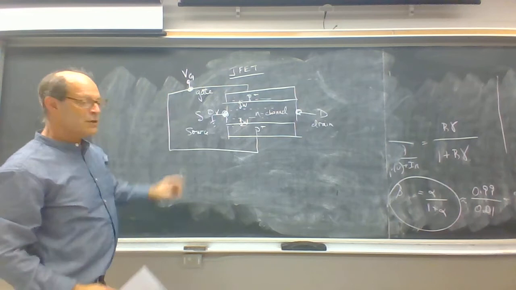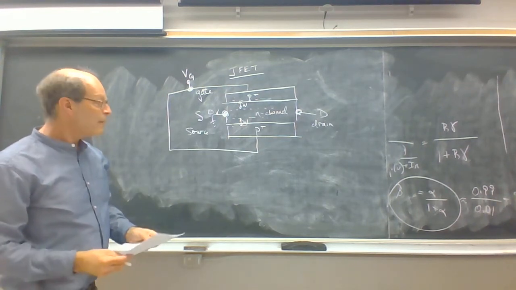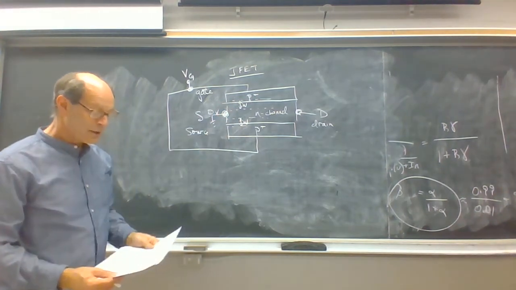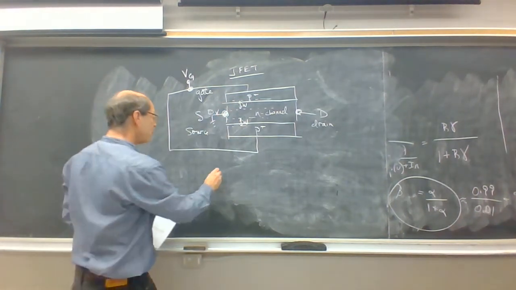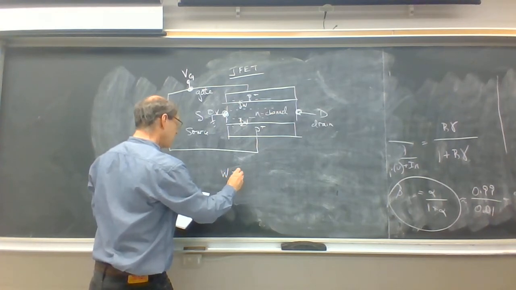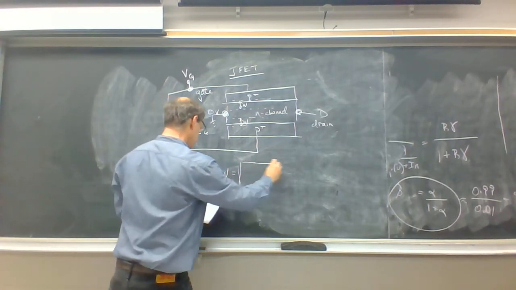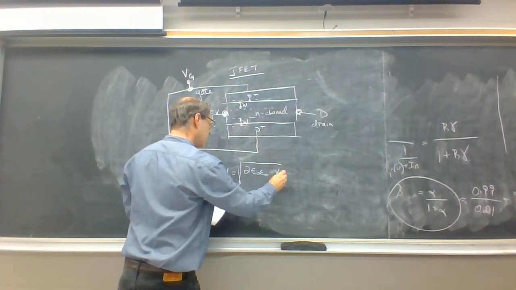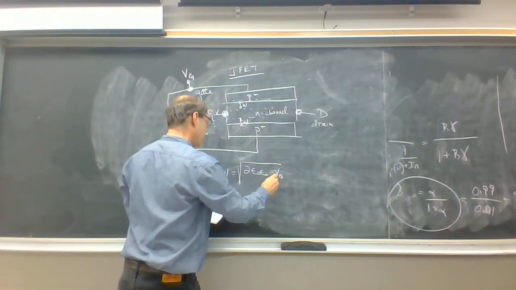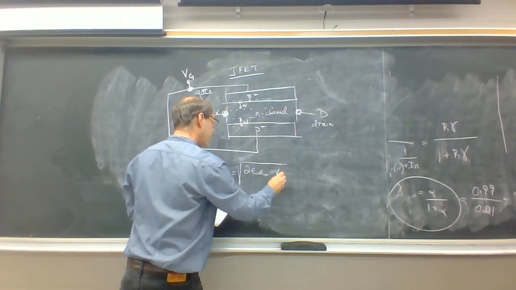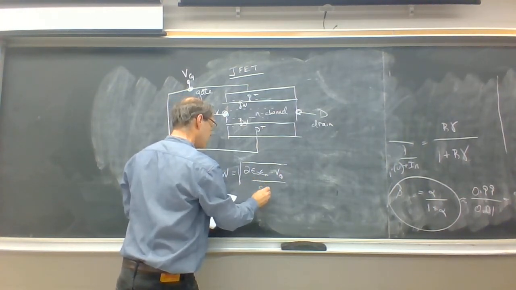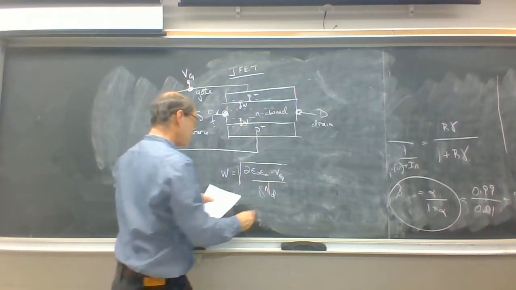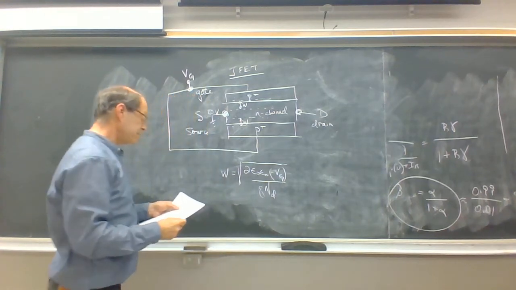And so you can see V_G will now determine the bias voltage across this PN junction and across the next PN junction. Well, we know from previous chapters that the width of the depletion region is approximately given by this expression.